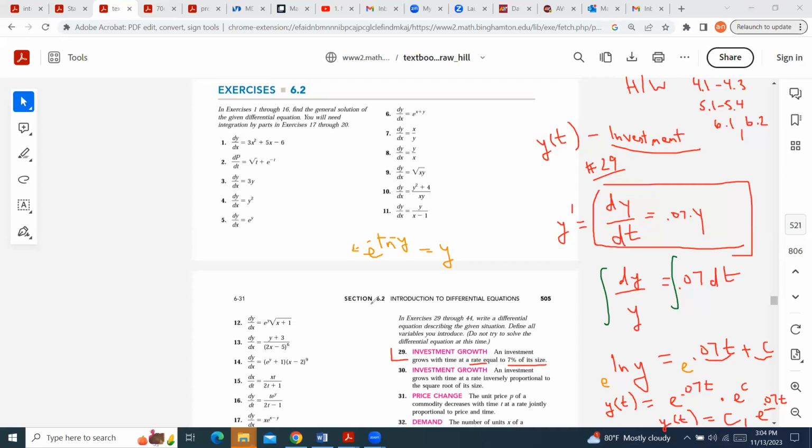So that's the thing. So the last section, 6.2, last time I did, I think, a couple of exercises from it. You can do a problem or two, and that's good enough.